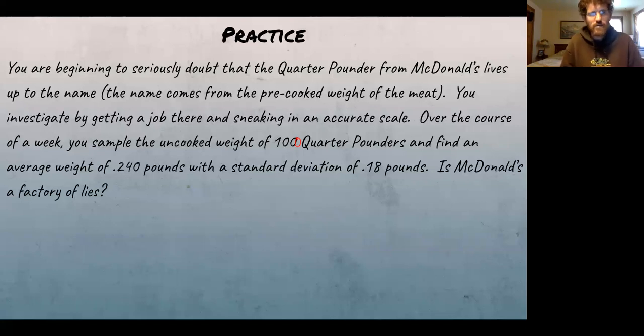Over the course of a week, you randomly sample the uncooked weight of 1,000 quarter pounders and find an average weight of 0.240 pounds with a standard deviation of 0.18 pounds. Is McDonald's a factory of lies?